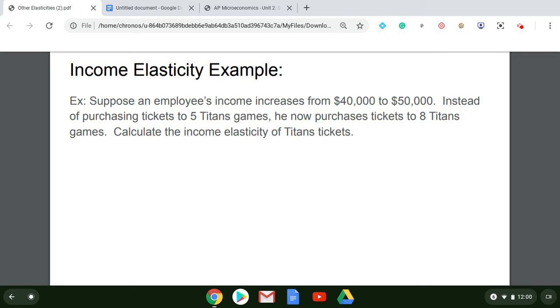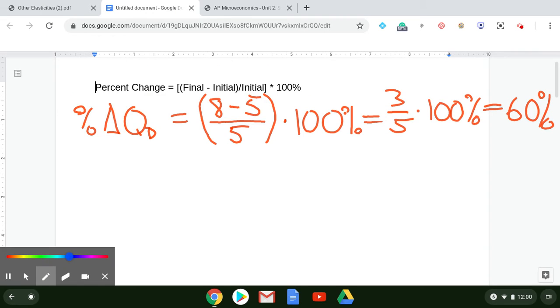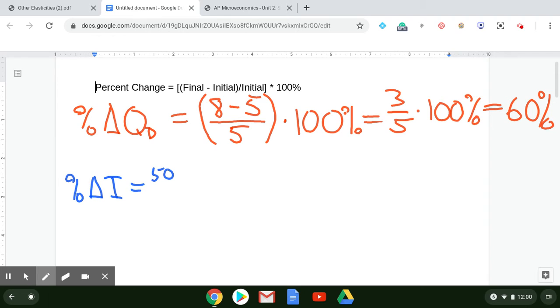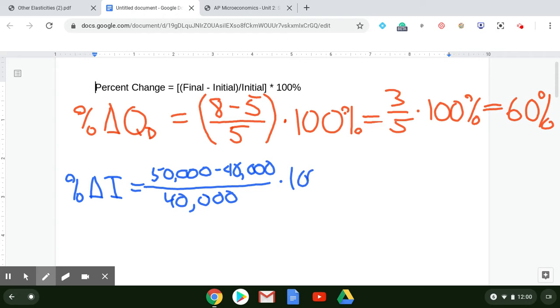Back to the example real quick. His income increased from 40,000 to 50,000. Let's do, in this case, percent change, the little delta symbol means change. I'm going to put I for income. Our final is 50,000 minus 40,000, divided by the initial, which is 40,000, times 100%.